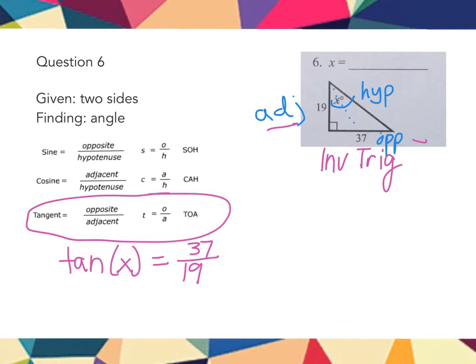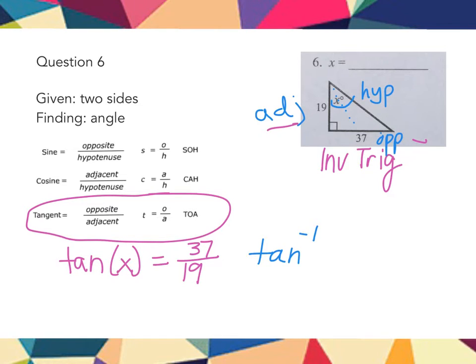Now, this is not something that we can plug into the calculator. What we need to do, though, is when we have the tangent of an angle and we don't know the angle, we can rewrite this as an inverse trig function. So first of all, by inverse, I mean we're going to see the button that says tangent to the -1.